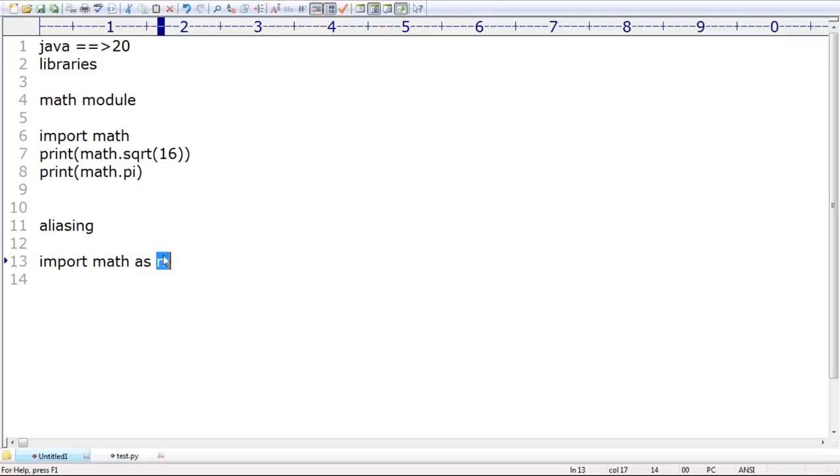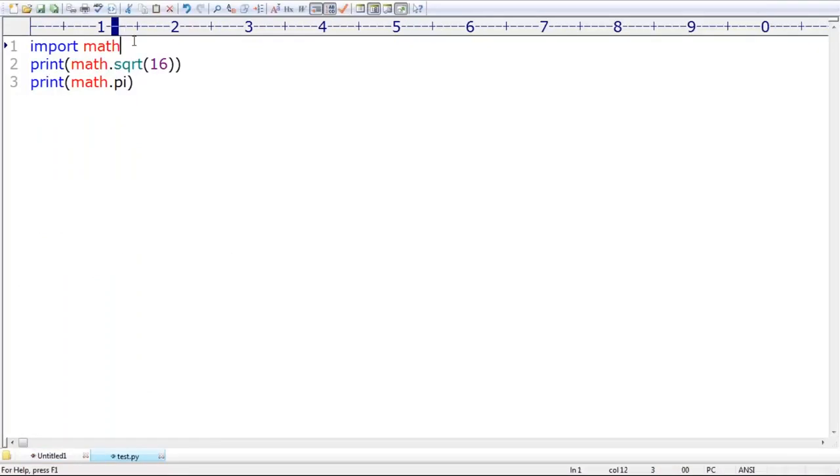Especially in databases, SQL queries have this type of concept. SQL and scripting languages have this kind of support, which is a big specialty. Now observe, import math as m, and we just use m.